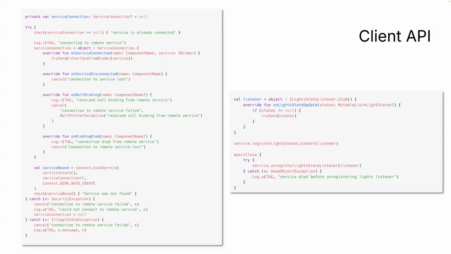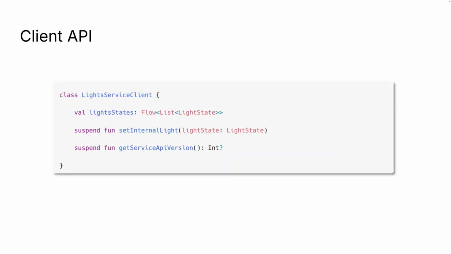For that reason, I created another abstraction layer, which is simply exposing these functions. Just a Kotlin flow of a list of states, one for each zone, and two methods: one to get the API version and one to set the internal light. That's it.